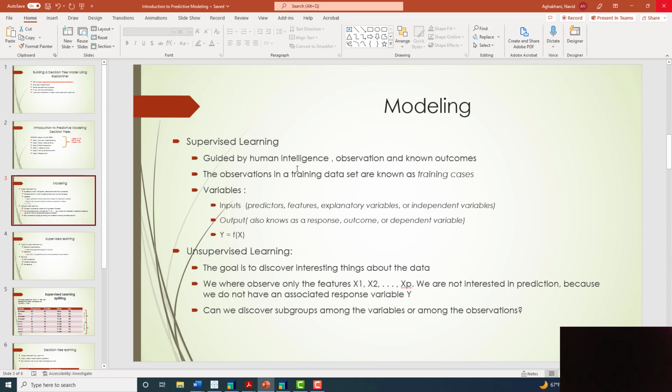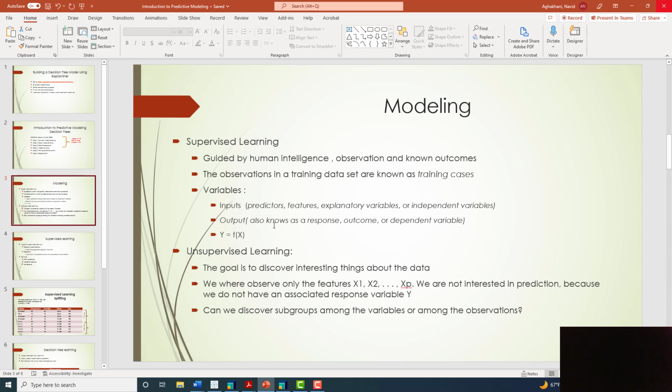In supervised learning, we have labeled data, in that we have a separate column for our dependent variable, which is coded, and we know the correct information about that column. And then we are going to use some predictors or features or explanatory variables or independent variables to predict the output variable.